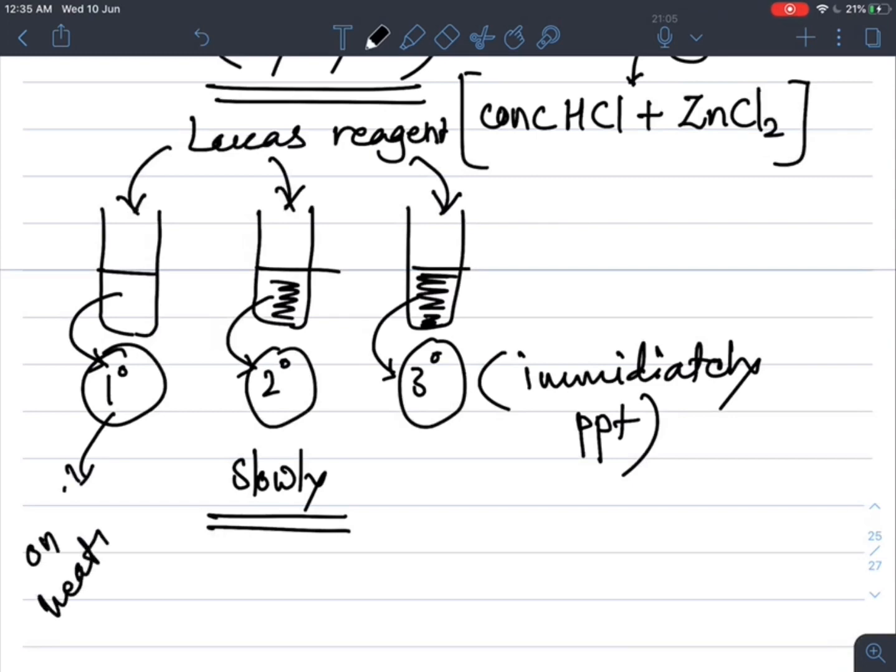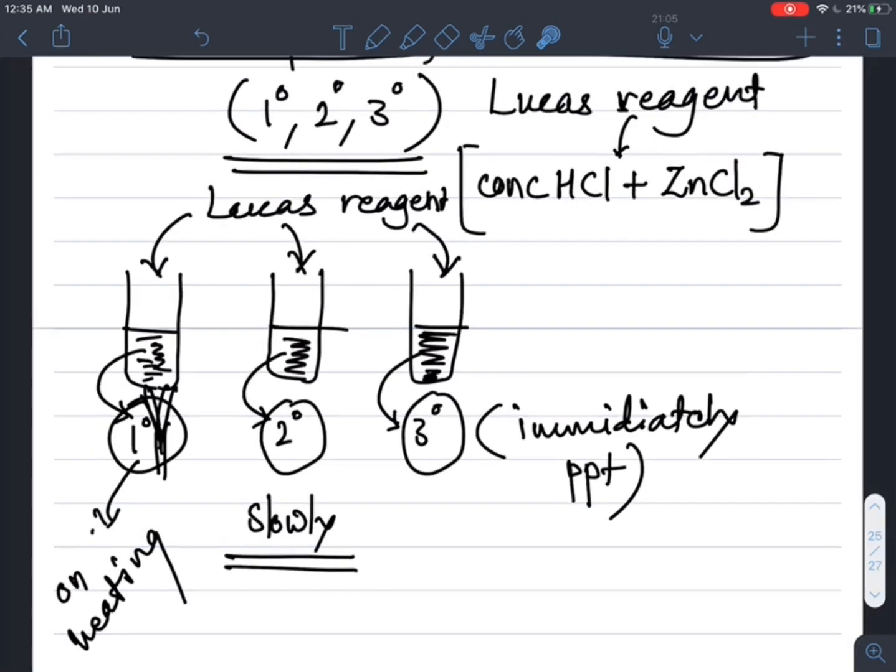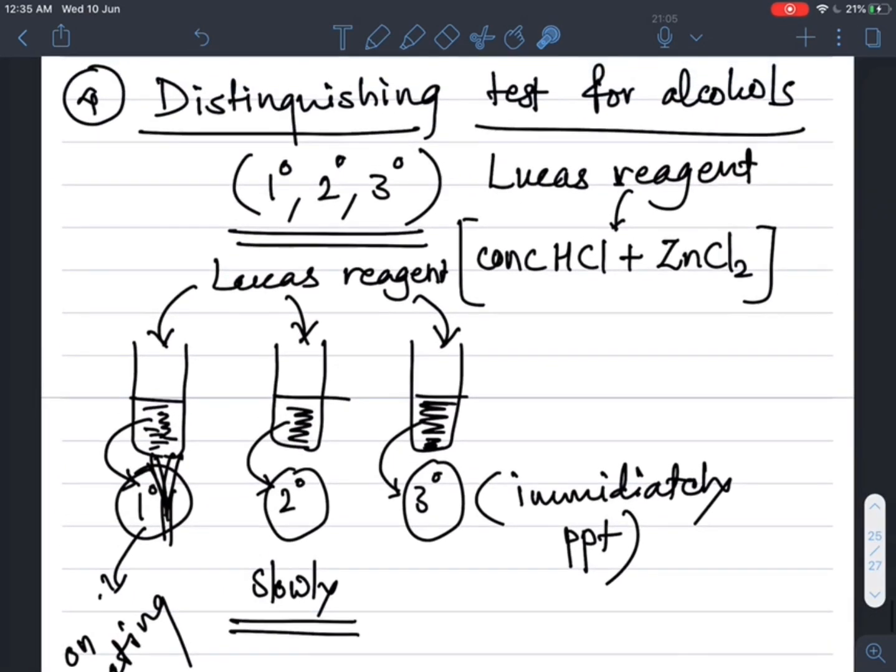Only on heating, if this test tube is heated by using a burner, then we can observe the turbidity. So turbidity, that is precipitate, is formed, and we can identify this is the primary alcohol. So this Lucas reagent test is used to distinguish the primary, secondary and tertiary alcohol in the laboratory.